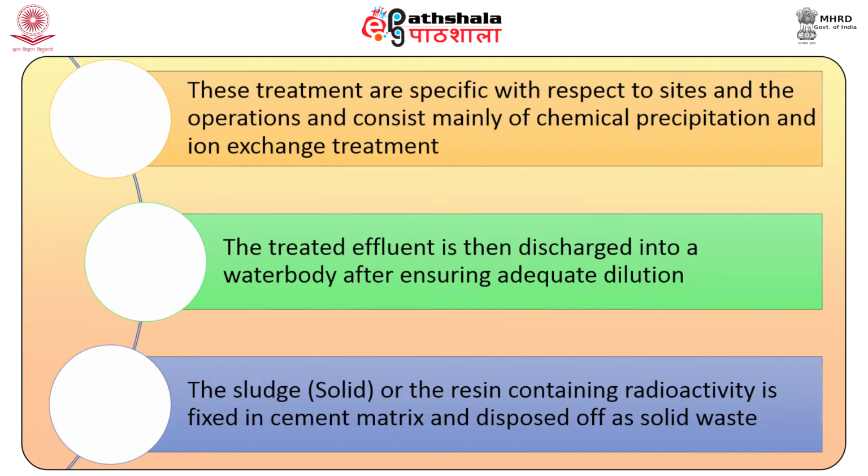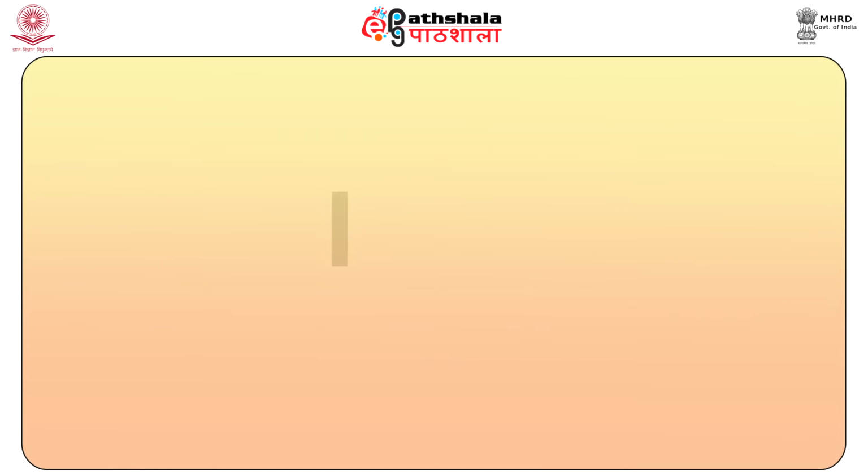The treated effluent is then discharged into a water body after ensuring adequate dilution. The sludge, solid, or the resin containing radioactivity is fixed in cement matrix and disposed of as solid waste.